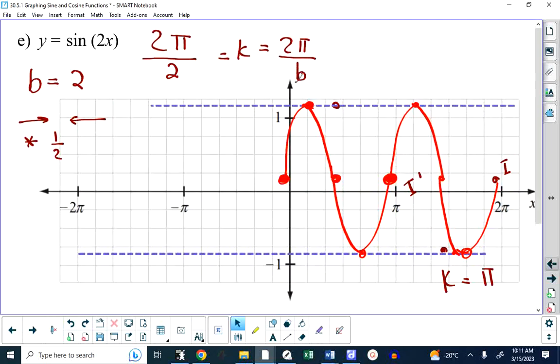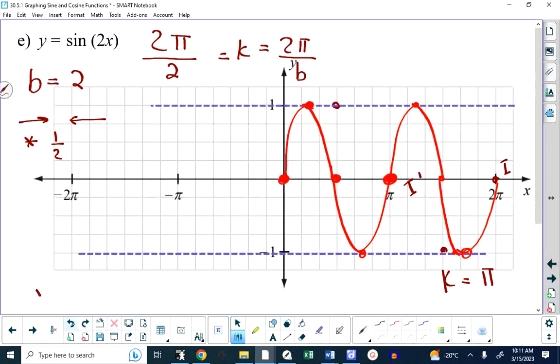X is any real number. -1 is less than or equal to y, which is less than or equal to 1. By the way, in this function, a is 1, is it not? Oh, so the amplitude is 1. The minimum is -1. And we're done. Any questions with that one? Okay.